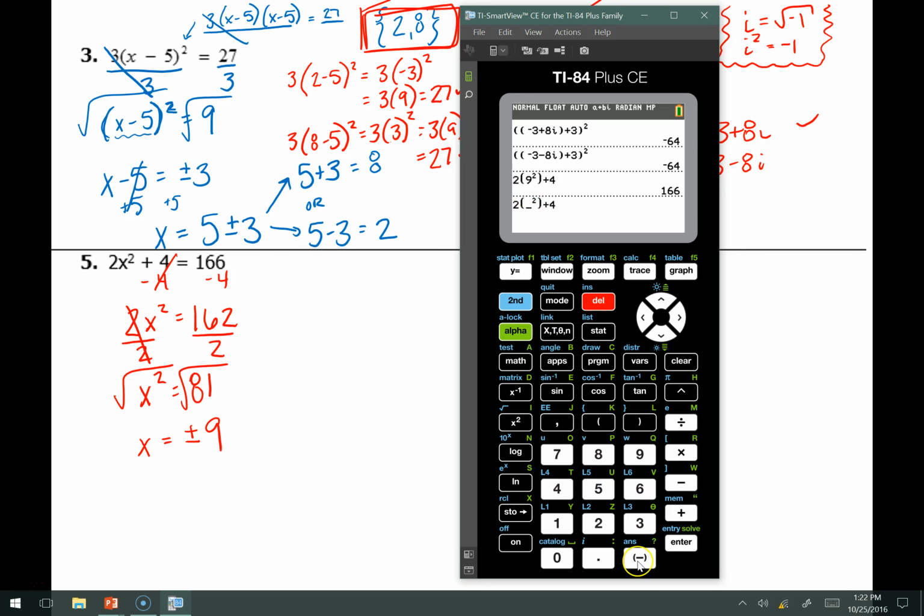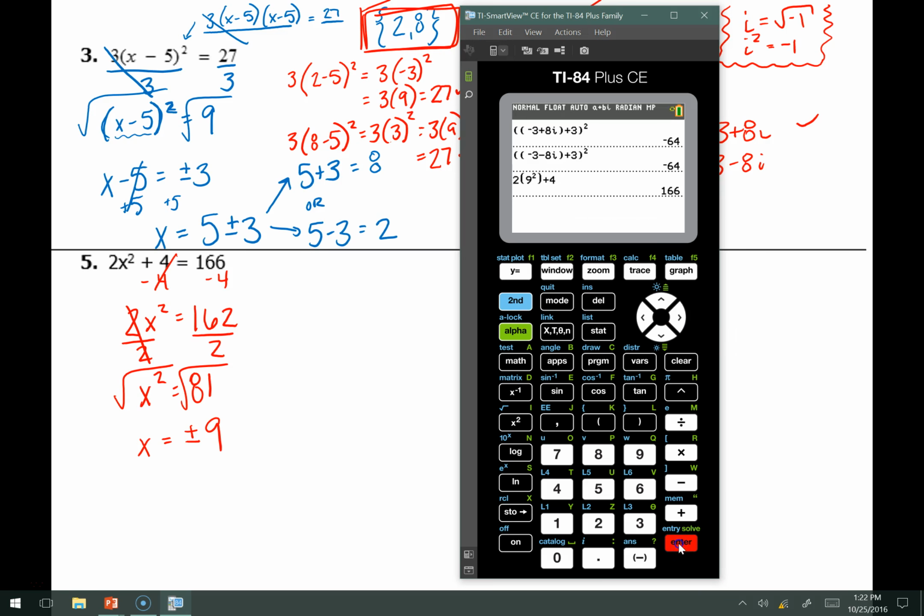And now I can insert a negative sign out front of that 9, so I don't have as much work to do. Now I also want to insert a set of parentheses there, so I'm going to do second insert again and put parentheses around my -9, because really I want that -9 to be the thing that is squared, not just the 9. So be sure you're using your parentheses correctly when you plug these in to your calculator.